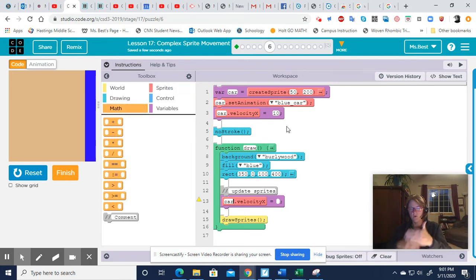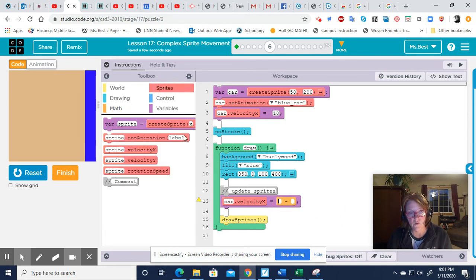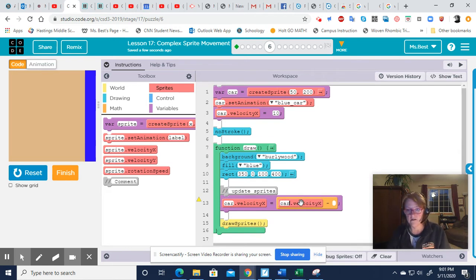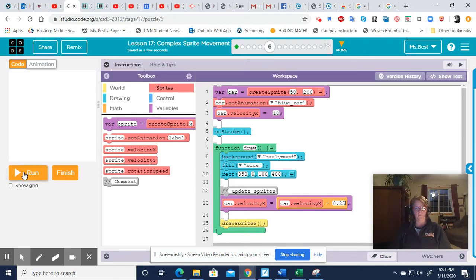So if it's going positive 10, we kind of want to subtract over here with that velocity x for the car. And they asked us to please use 25 hundredths. Okay, so let's see what happens.